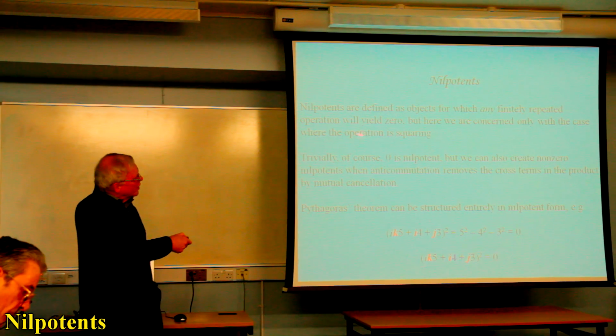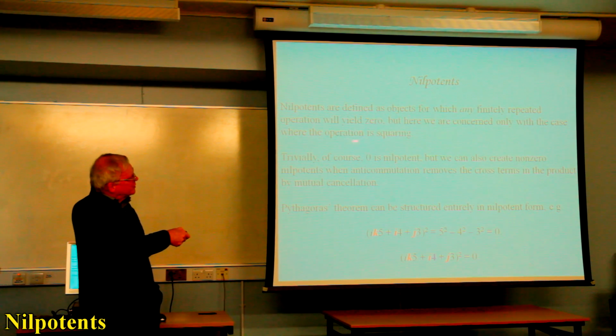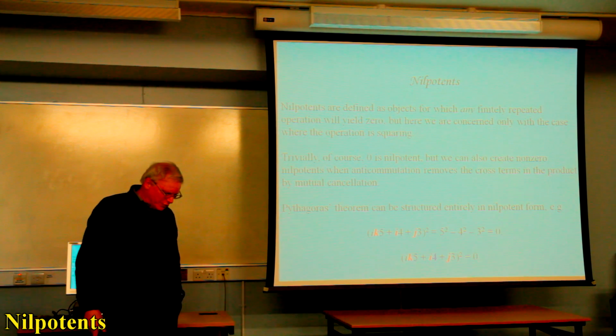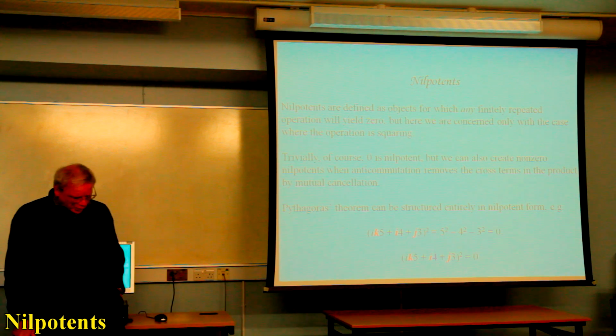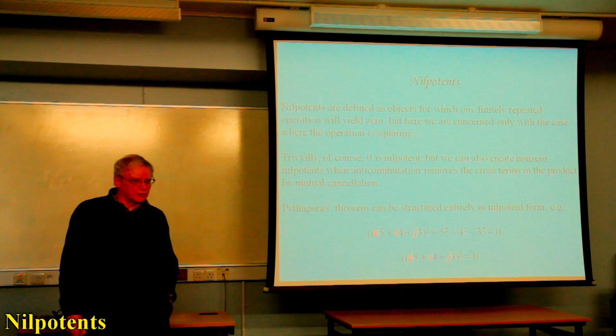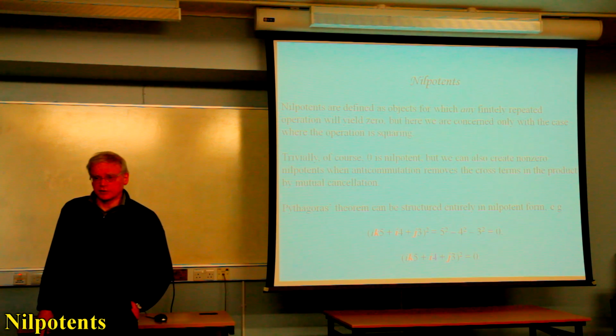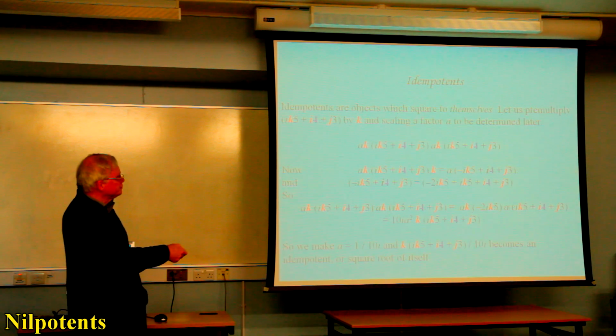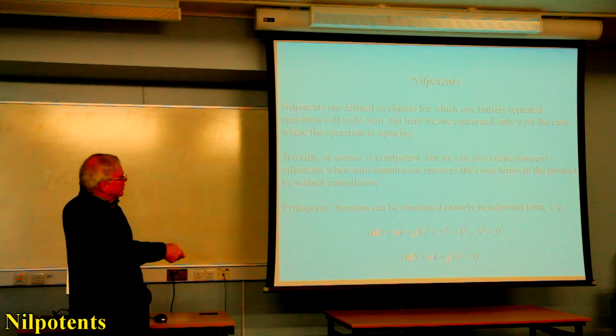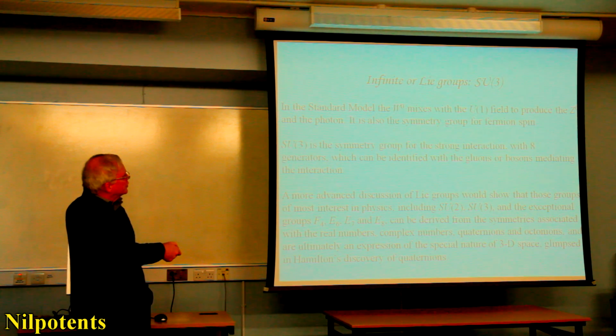But we are concerned with one particular case where the operation is squaring. So in other words, a nilpotent in our definition is the square root of 0. And of course, 0 trivially is nilpotent itself. However, you can easily create nilpotents that are not 0 themselves.